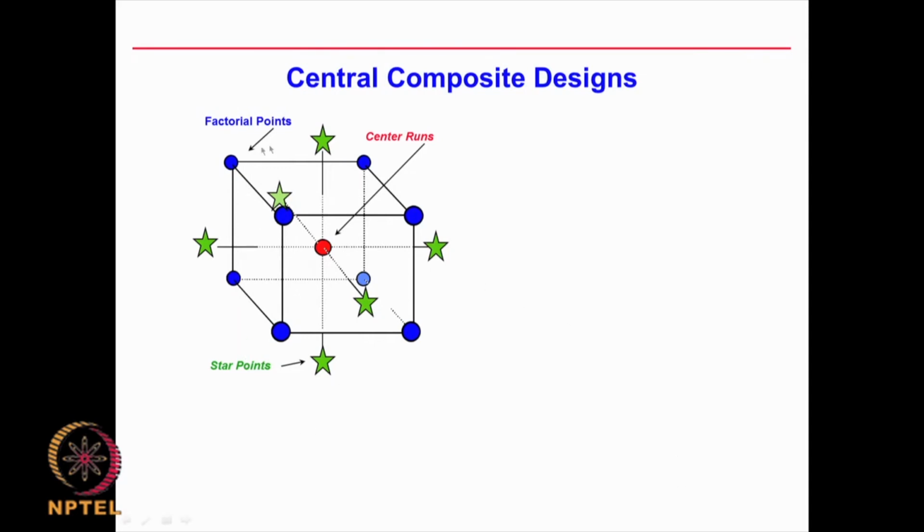In the central composite design, I mentioned, suppose you take a 2 power 3 type of design, that means 3 factors, 2 levels, 2 raised to the power 3 design. So, you have a cube, 2 raised to the power 3 is 8 experiments, 2 into 2 into 2. This could be factor 1, this could be factor 2, this could be factor 3. So, we have 8 experiments.